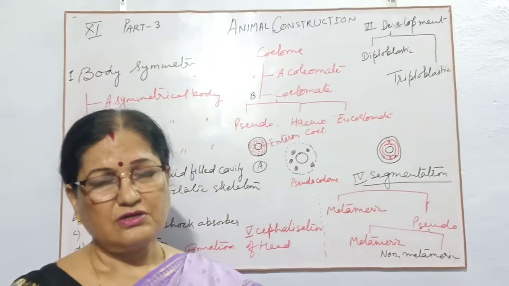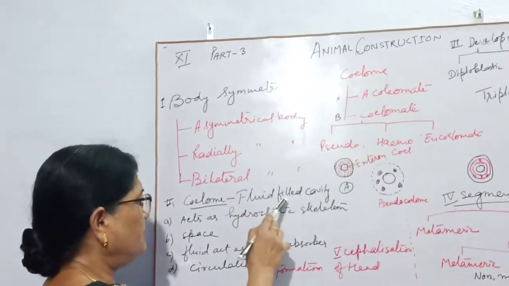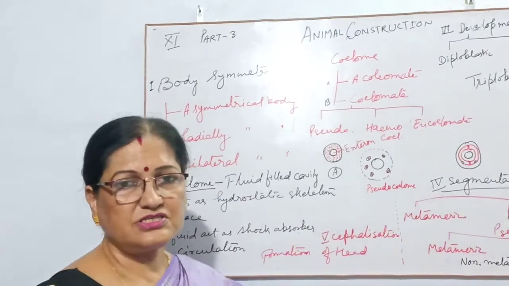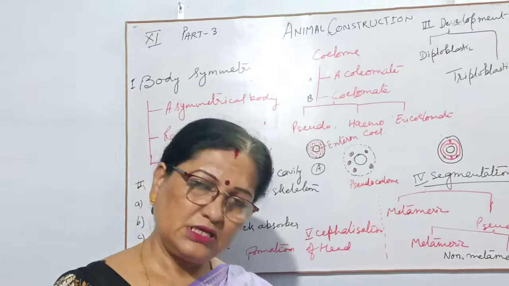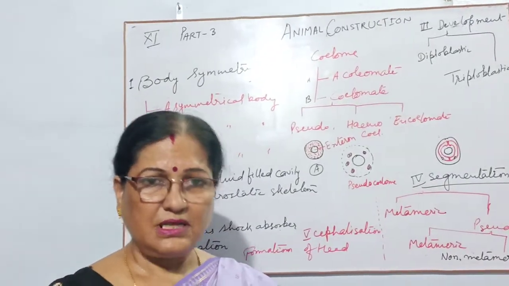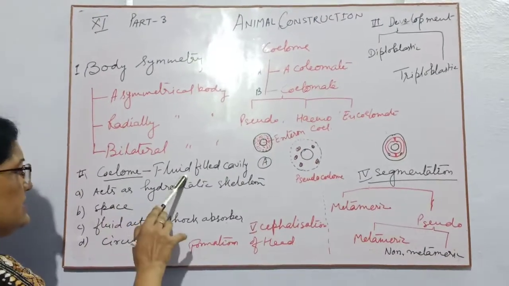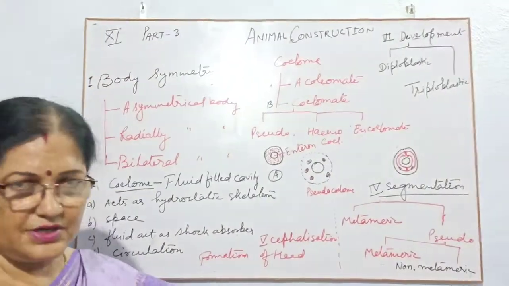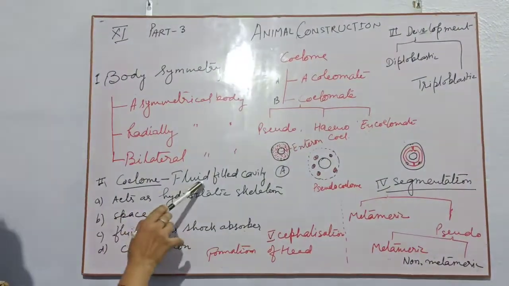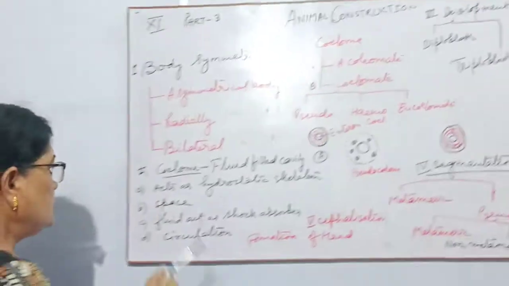So each and every organism has some fluid filled cavity which is called coelom. Living organisms mainly have coelom, and coelom is the fluid filled cavity present inside the body. Now why is the fluid filled cavity more essential or more useful?